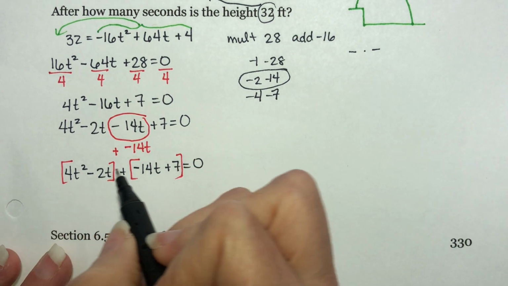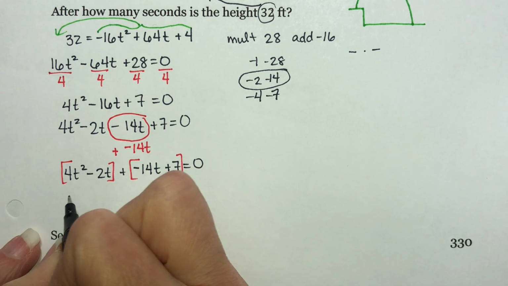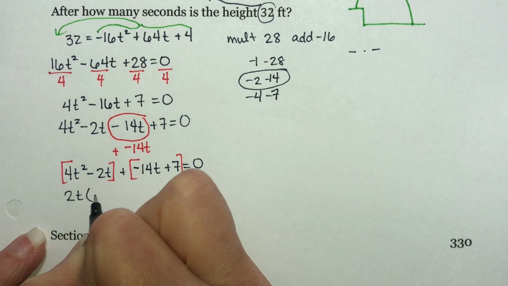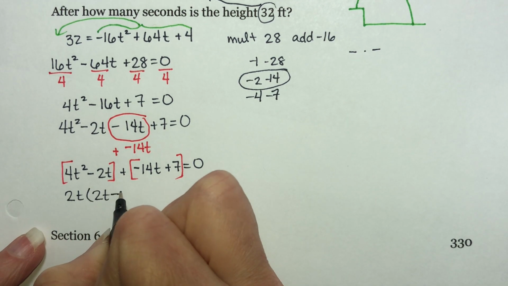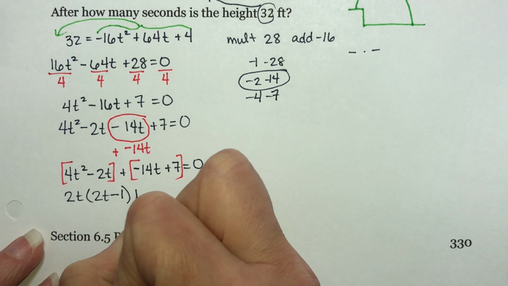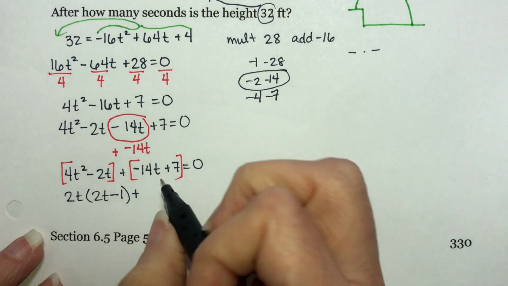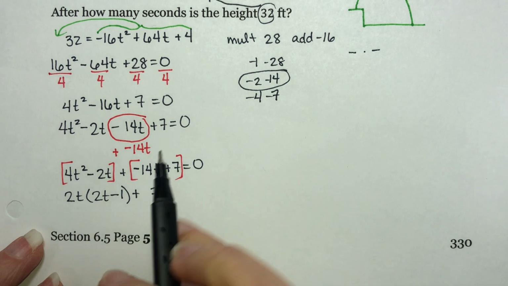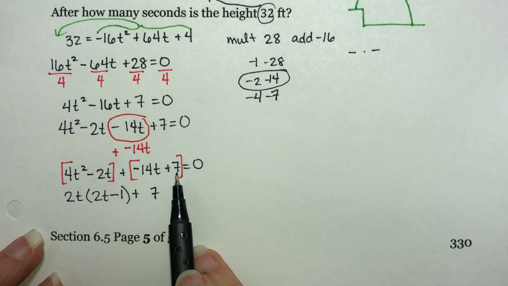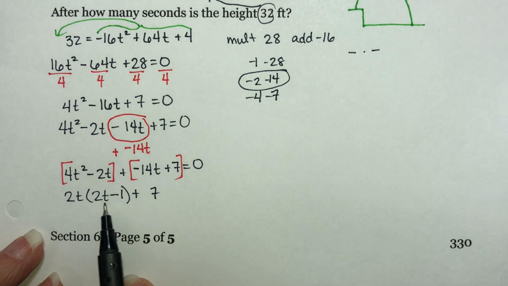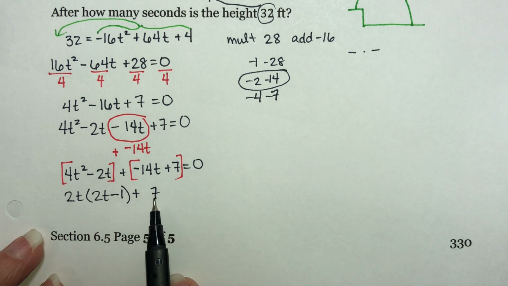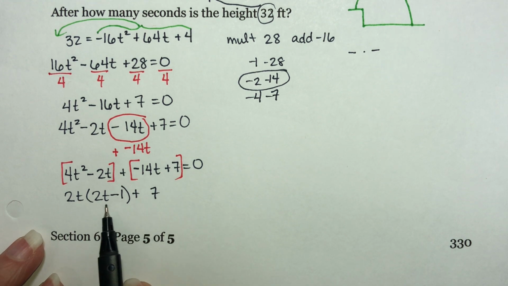Okay? From this first group, I can factor out a 2 and a t, and that leaves 2t minus 1 plus. From these two, I can factor out a 7. That will give me a negative 2t and a plus 1. Notice I'm trying to match this, but if I factor out a positive 7, they don't match.